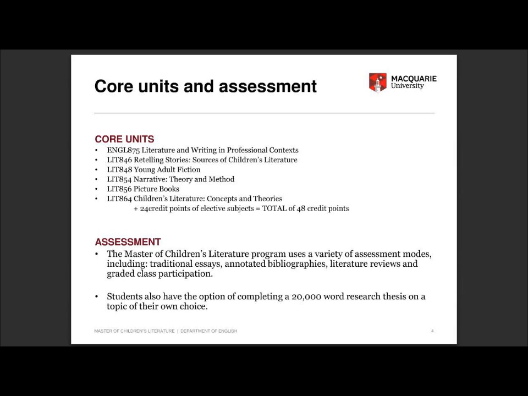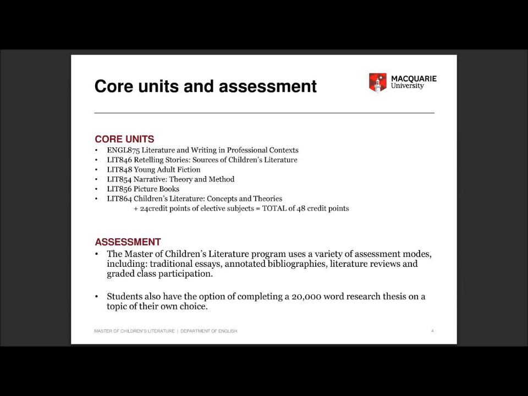And also, quite importantly, students have the option within the program of completing a 20,000 word research thesis. And that is actually a value of 8 credit points, and students can choose a topic of their own choice and work with a supervisor to help develop that topic and to help them develop their critical writing.